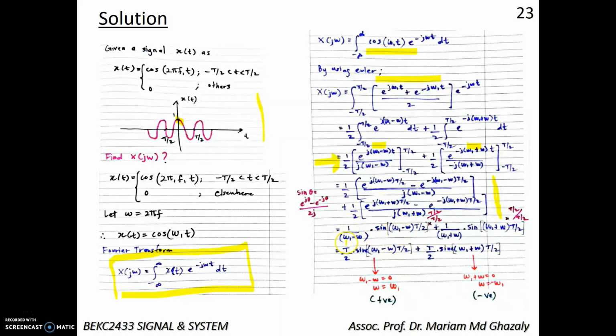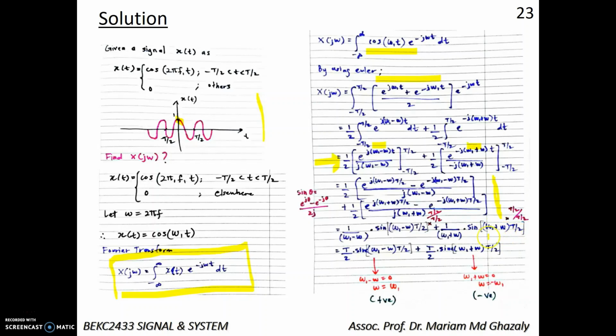So you will have 1 over omega 1 minus omega dot sine omega 1 minus omega t over 2. Okay, don't forget this t over 2 comes from the exponential equation here, plus 1 over omega 1 plus omega dot sine omega 1 plus omega times t over 2.